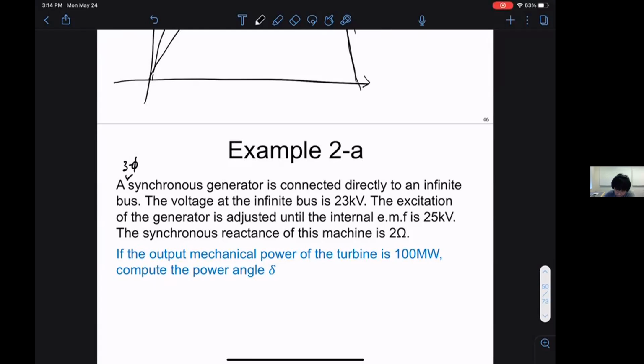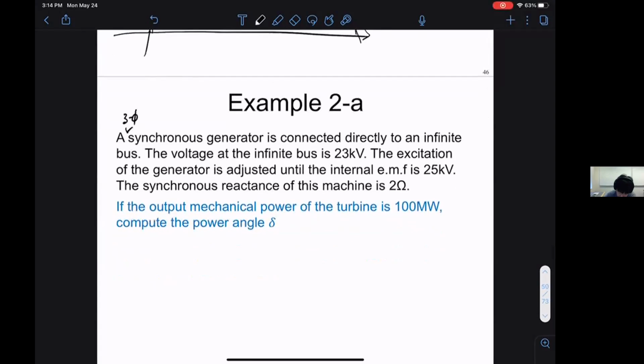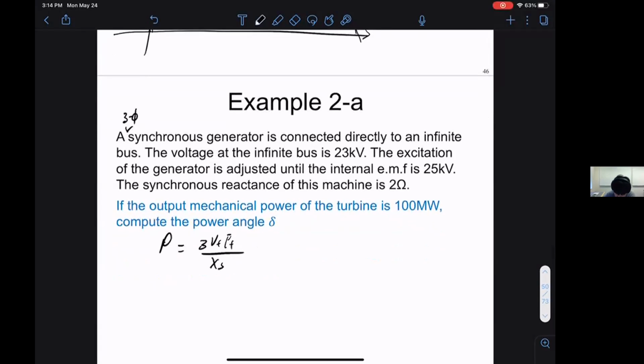All right, so here the equation is simple. We just use the P equation: P equals 3 VT EF over XS times sine delta. The question says it is a 3-phase synchronous generator, so we use this equation.